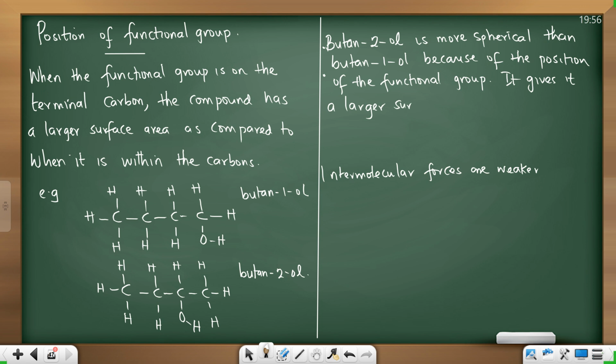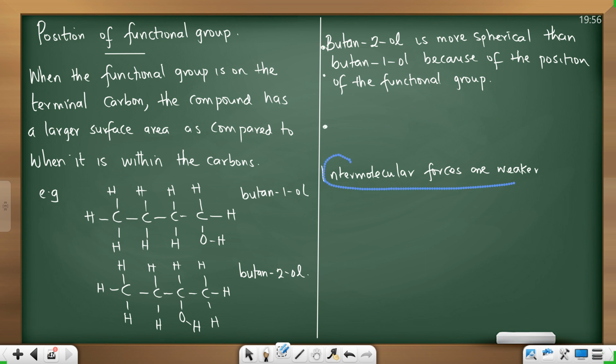I don't know if somebody was able to check for me. A larger surface area than, I'm talking about, oh yeah, because of the position, okay. Wait, my English, my comparison, something is wrong. All right. Let's do that first point.